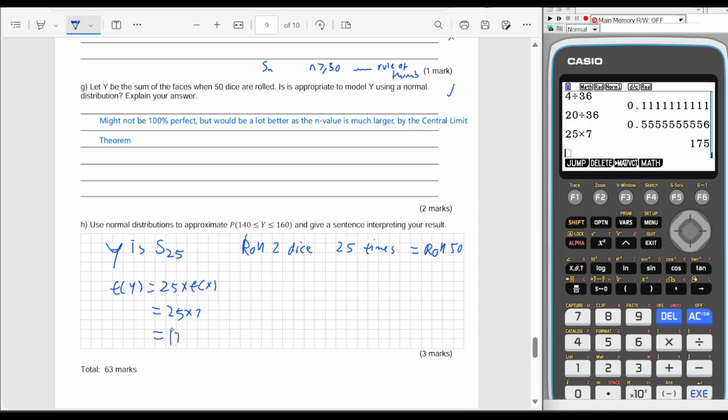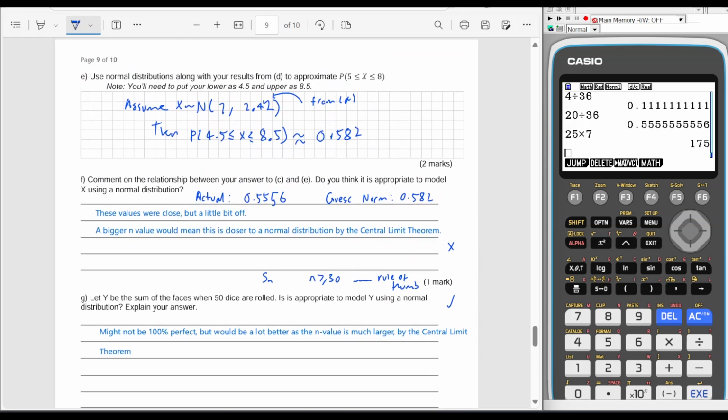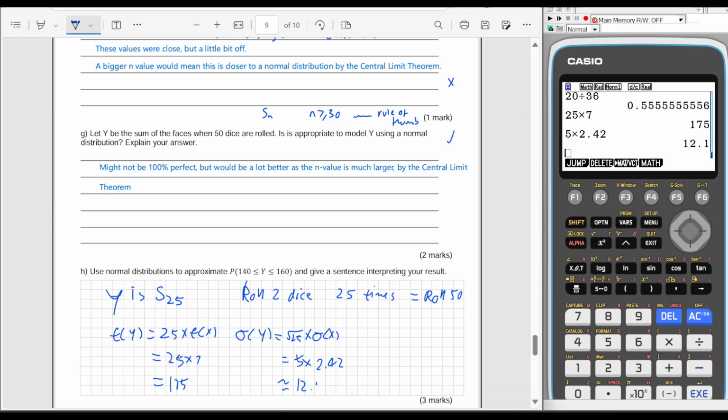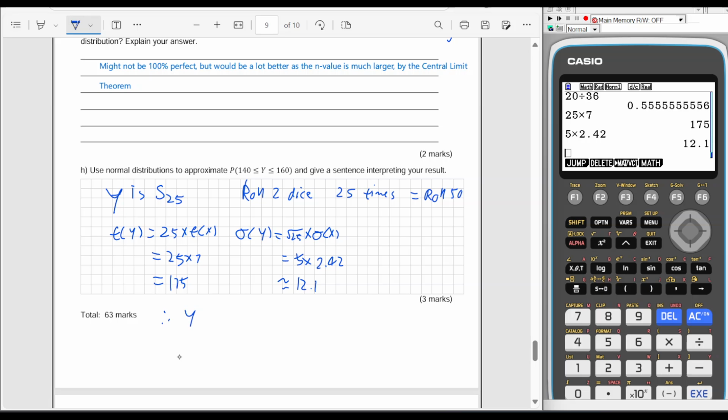So about 175. And the standard deviation of y is root 25 times the standard deviation of x. So that would be 5 times 2.42, roughly equals 12.1. I should probably use the full version, but we'll just go with 12.1 for now. Therefore, assume y is distributed normally with 175 and 12.1.